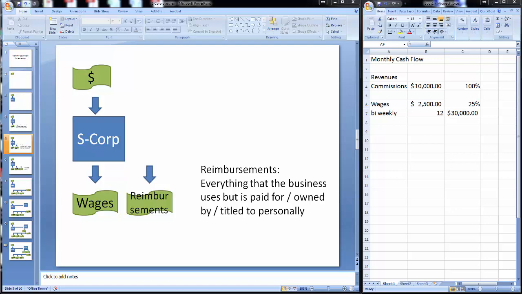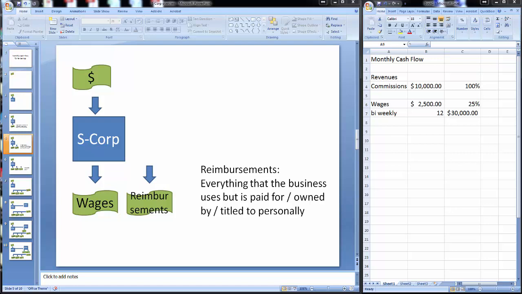Another one is the vehicle, right? So if you just get started with an S corporation, you're going to use your personal vehicle inside the S corporation, but you're not necessarily going to title the vehicle to the S corporation. If you're thinking about buying a vehicle or retitling it to the S corporation, check with your insurance professional first, whoever takes care of your property and casualty insurance, and ask them what the difference is between the personal individual plan and the business plan as far as insurance costs.